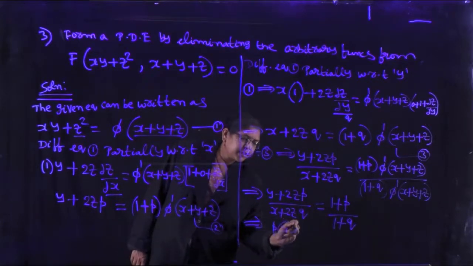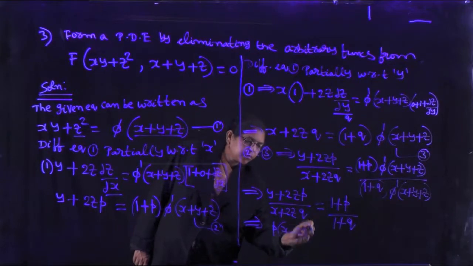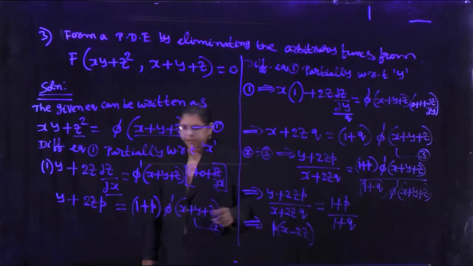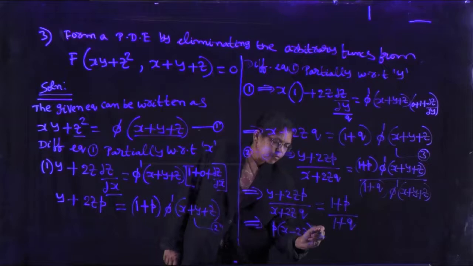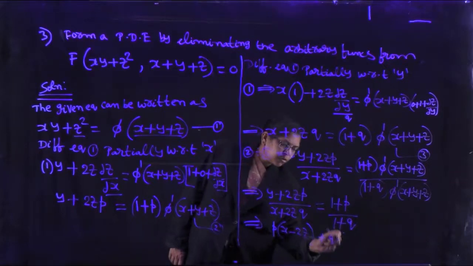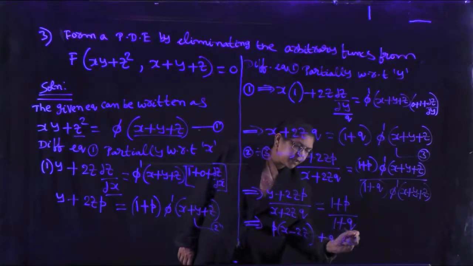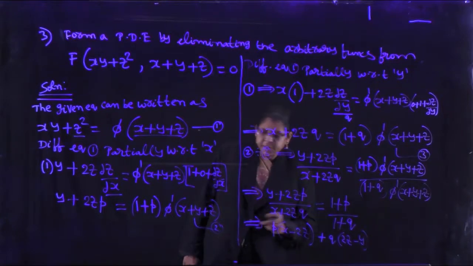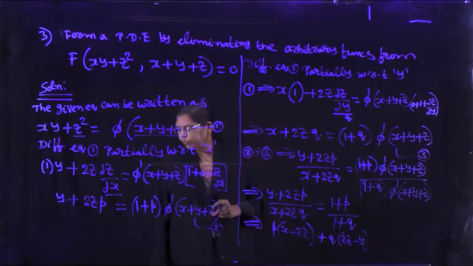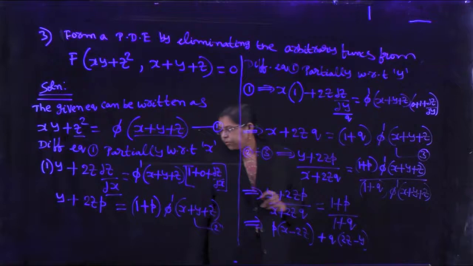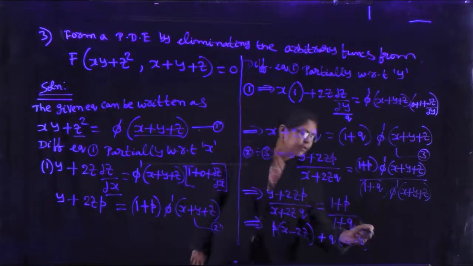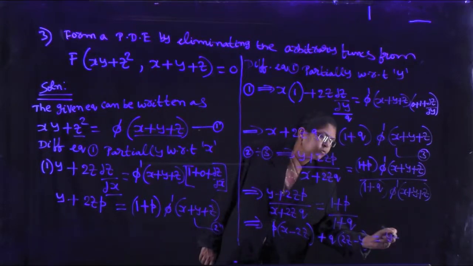x minus 2z plus q into 2z minus y. P into x minus 2z plus q into 2z minus y equal to y minus x.